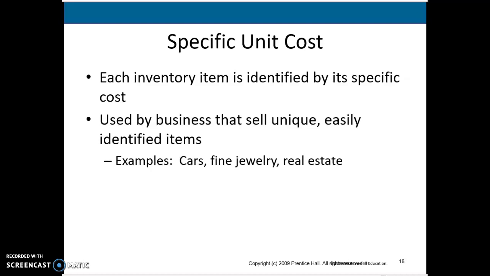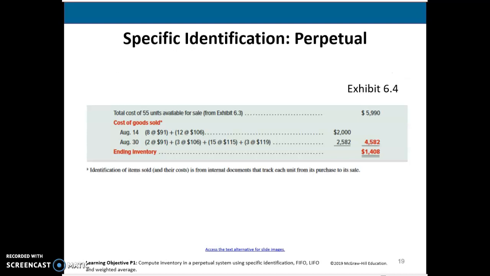They have their own type of inventory because every car has its own features and specs. So every car is going to be valued in their inventory individually. And when you sell it, you're going to be selling that specific car. Same thing with jewelry and real estate. Doesn't mean that you can't have two of the exact same thing. It's just you're going to account for them individually as their own item.